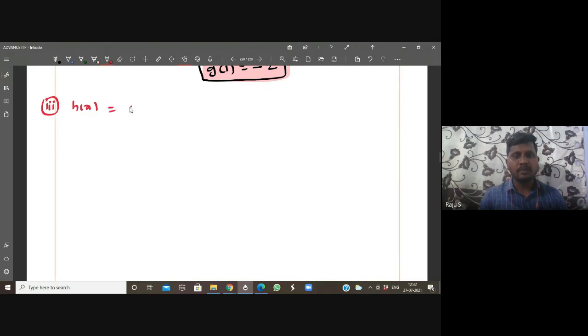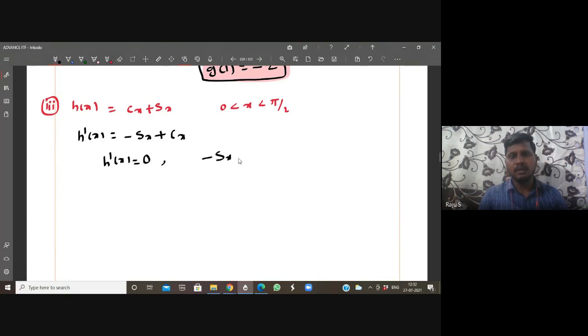h of x is equal to cos x plus sin x, 0 less than x less than 90. First h dash of x, differentiate: minus sin x plus cos x. After that, h dash of x equated to 0, that is minus sin x plus cos x equals 0. So cos x is equal to sin x. For what value of x will both be equal?